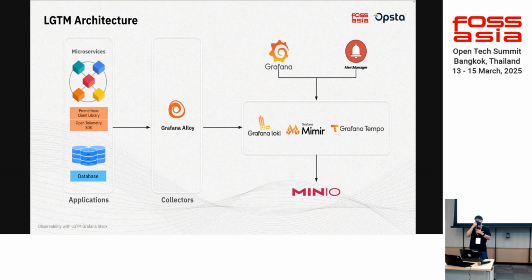L is Loki, Grafana Loki. G is Grafana. T is Grafana Tempo. And the last one, M, is Grafana Mimir. And the collector they try to combine into one agent is called Grafana Alloy. So it's much simpler today to build the observability stack with LGTM.